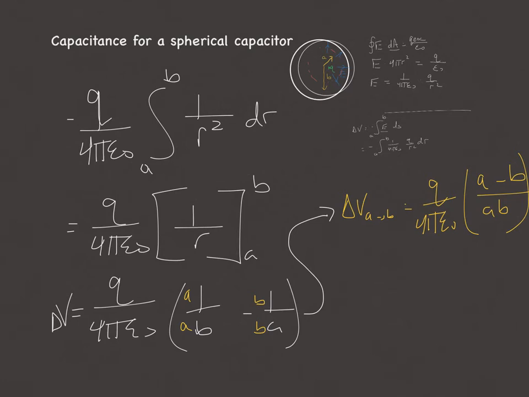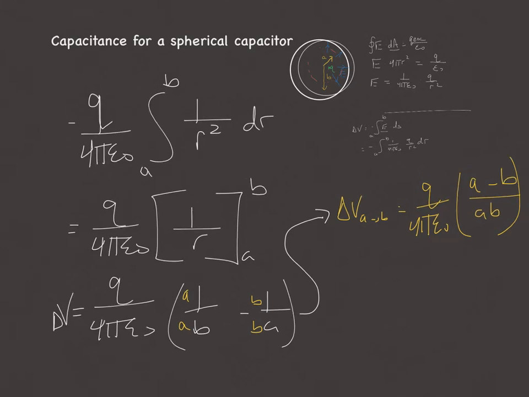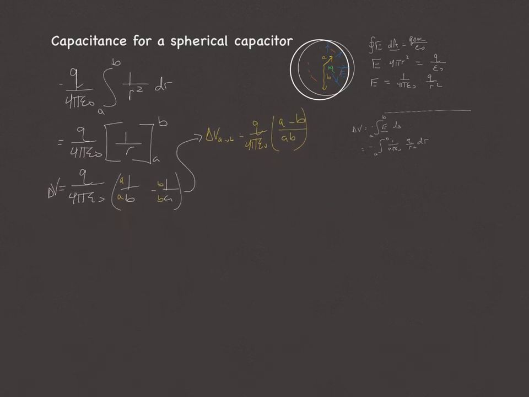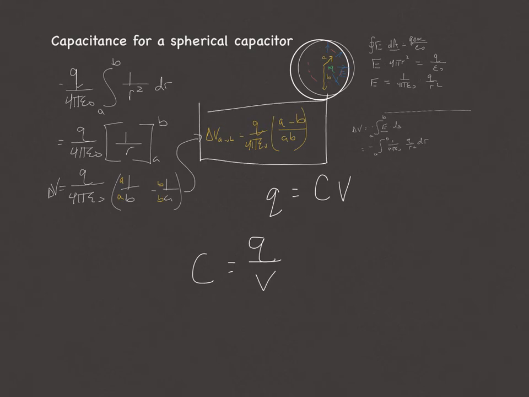Now that's actually all the old stuff that we were doing in chapter 24. The new stuff here is by just applying the relationship for a capacitor, which is Q is equal to C times V. To solve for the capacitance, we're going to rearrange that equation, so it's going to be Q over V. We're just going to substitute in the equation that we just found.